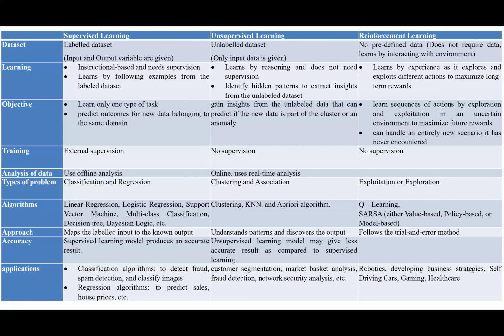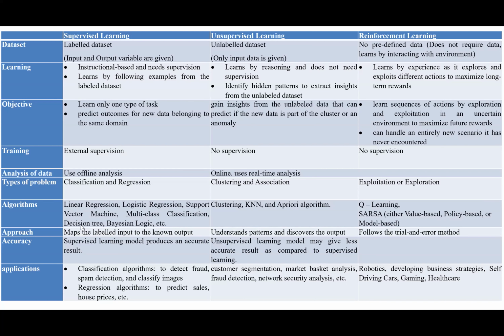Unsupervised learning models may give less accurate results compared to supervised learning because the model has to learn on its own, with no supervision. So the model may learn right, the model may learn wrong. You can compare this with real day-to-day life scenarios. When you learn on your own, you may make mistakes. But when it is supervised learning, the chances of mistakes are less.